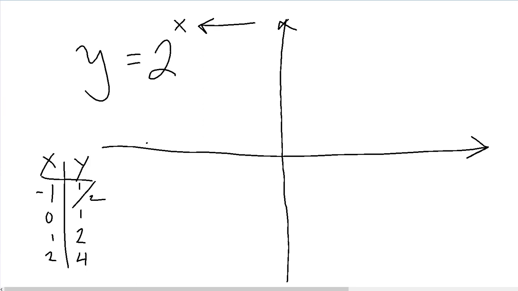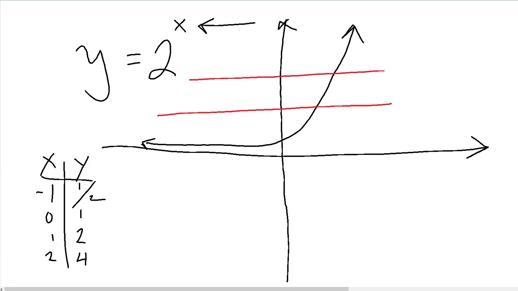And if I graph this, it looks like this. Now, we talked about functions passing the vertical line test, which this one does. And we talked about one-to-one functions passing the horizontal line test, which this one does.